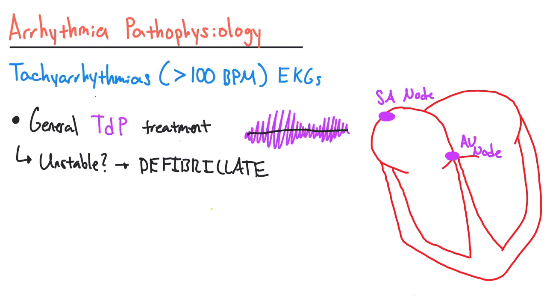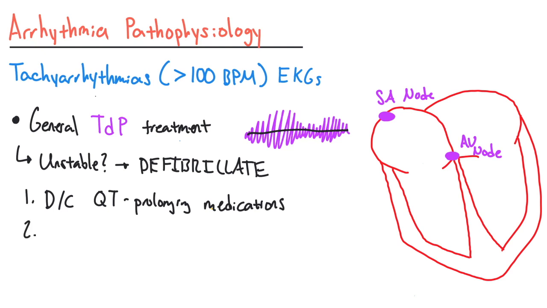If a patient is stable and they're not doing too bad, the first thing you're going to want to do is discontinue any medications that are prolonging the QTc interval. And as we kind of mentioned before, another cause for this can be hypokalemia.